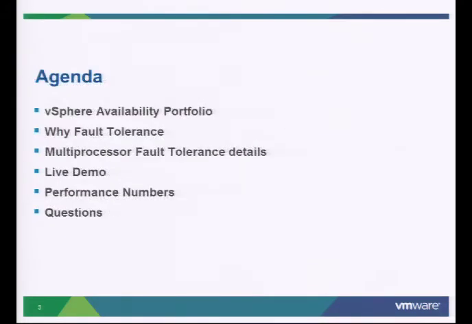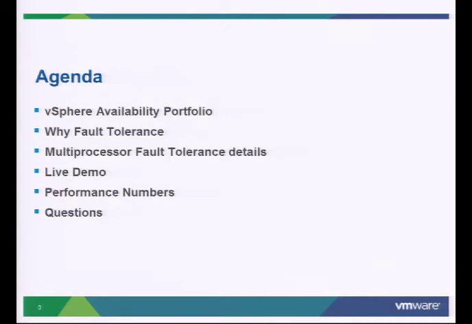All right, so let's get our hands dirty. The agenda for the talk: we'll start off by talking about the vSphere availability portfolio, a wide range of products and features that are already a part of vSphere, and a few things that we do to make sure that your VMs are up and running most of the time. We'll talk specifically about why fault tolerance is important and necessary and how it can definitely benefit workloads. We'll talk about multiprocessor fault tolerance details.